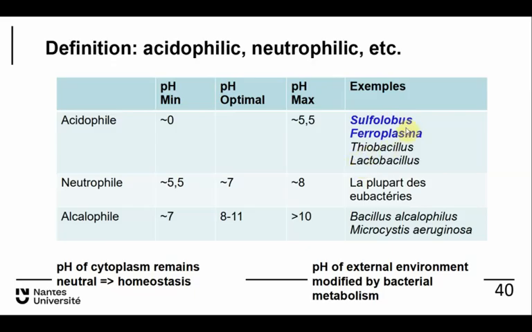So once again, when these are in blue, these are archaeobacteria, which can be found in extreme environments, very, very acidic lakes or hydrothermal vents. Lactobacillus is rather more common.